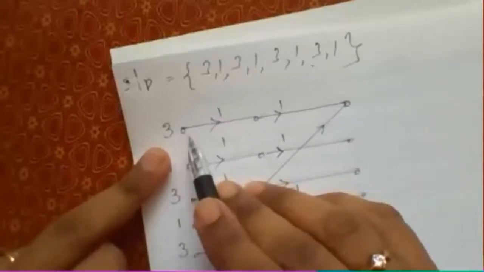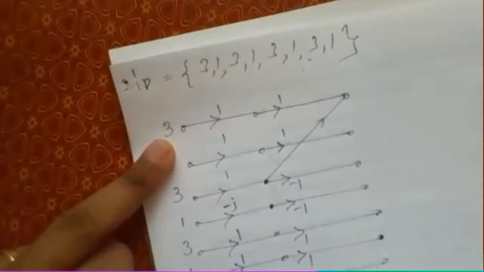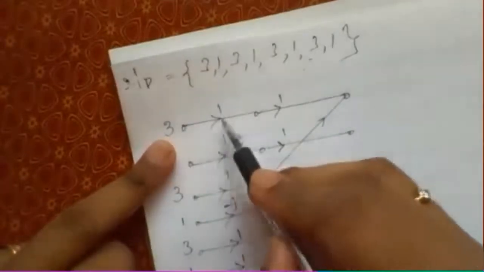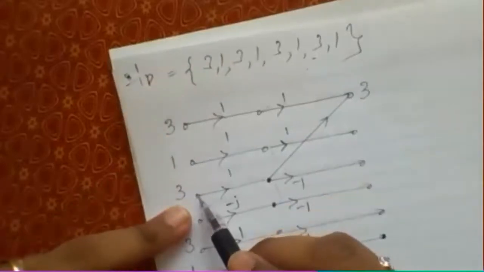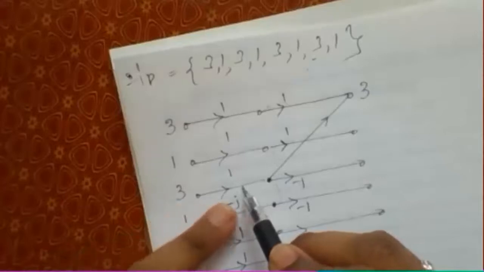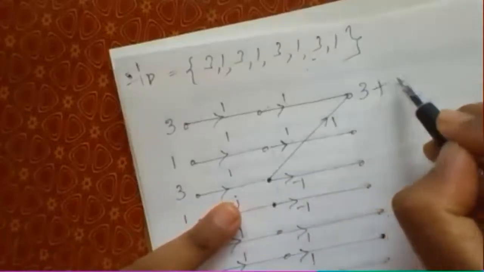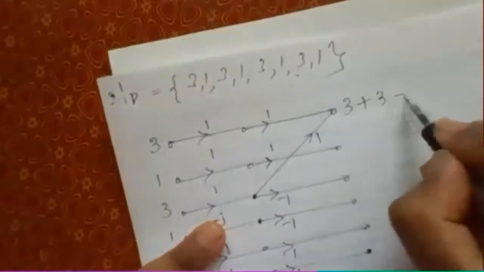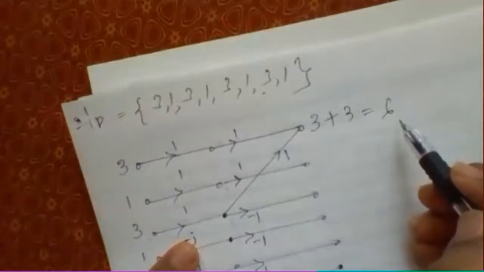Here I am showing you the first calculation: 3 into 1 into 1, so 3. Next come to the third sample, 3 into 1 into how much? It is again 1 only. So 3 plus 3 is equal to 6. So the first sample value here is 6.